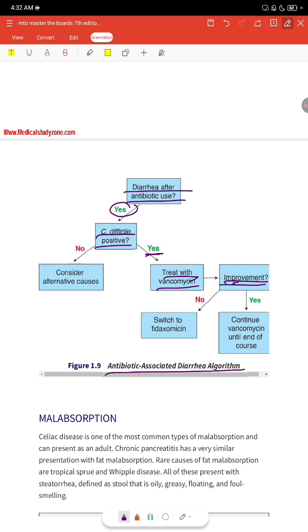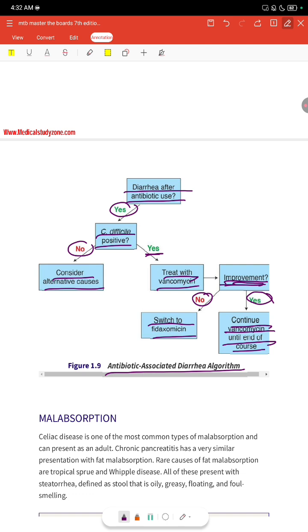If improvement comes along the way, then continue vancomycin until the end of the course. If there is no improvement with vancomycin, then switch to fidaxomicin. And again, look at the C. difficile positivity. If there is no C. difficile, then consider alternative causes. It's not due to this.